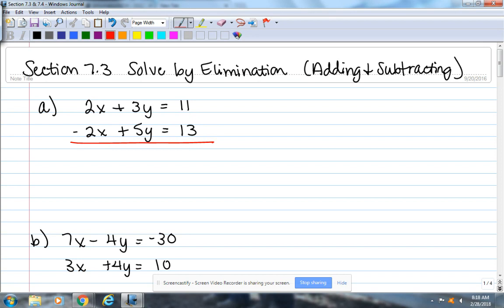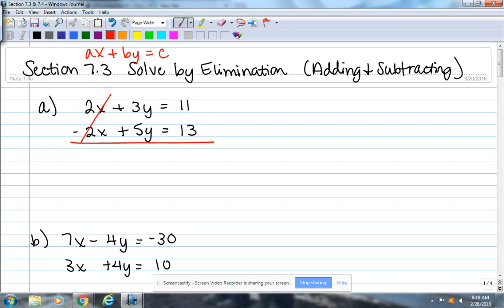This only works if we're in standard form. Remember, standard form for a linear equation is Ax plus By equals C. Technically, those need to be capital letters. So if they're in standard form, you want to do it vertically. So the x is 2x minus 2x makes what? 0x, which is 0. So these cancel out.